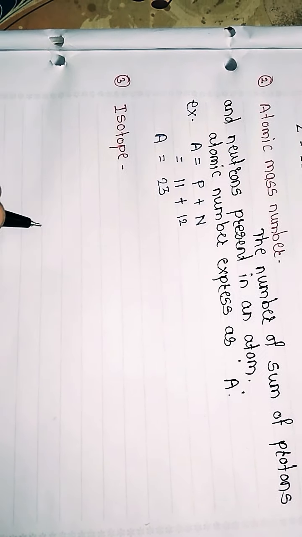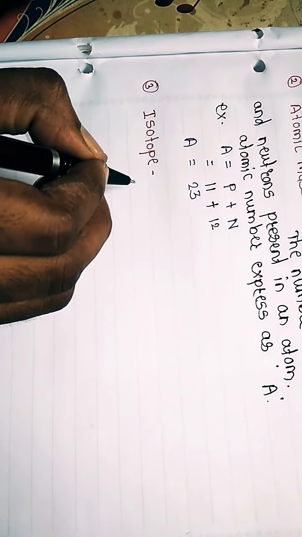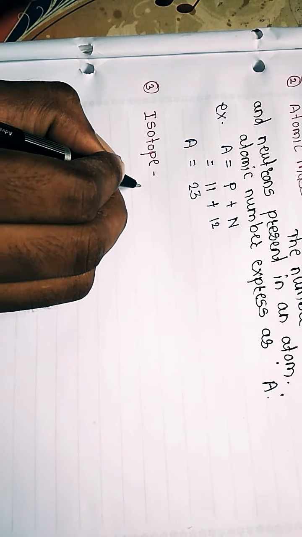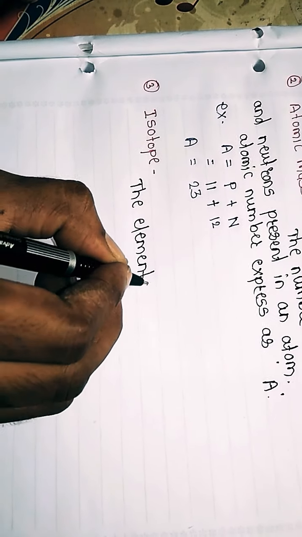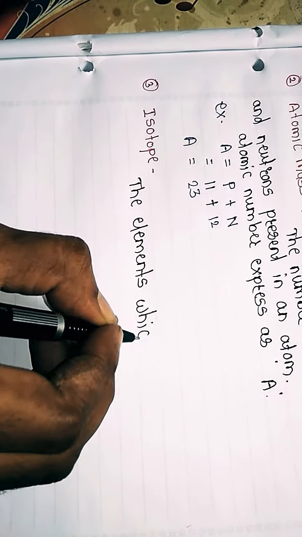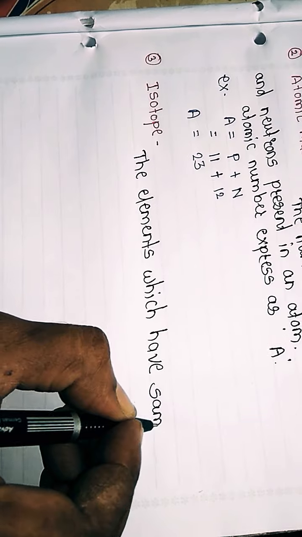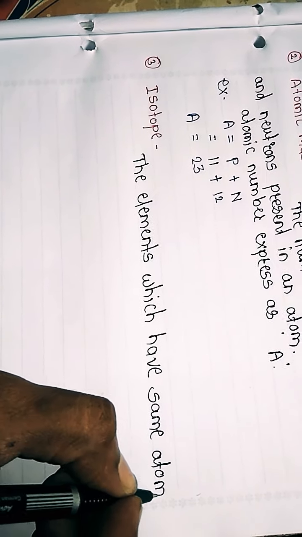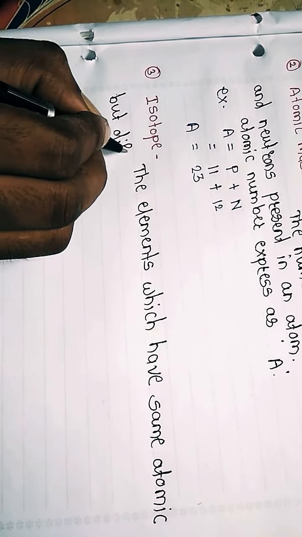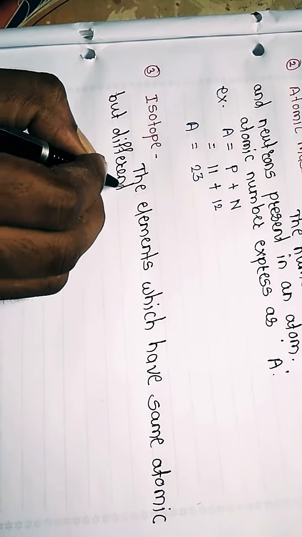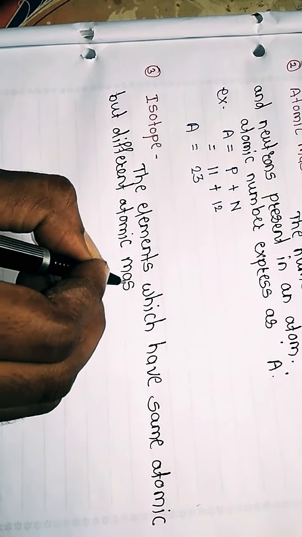Generally, isotopes are nothing but twin elements, such as the elements which have the same atomic number but different atomic mass number.